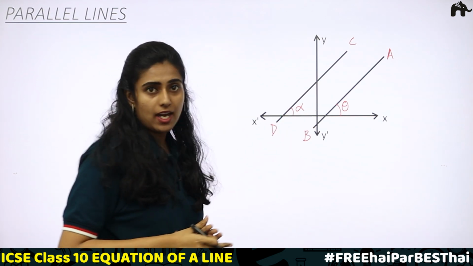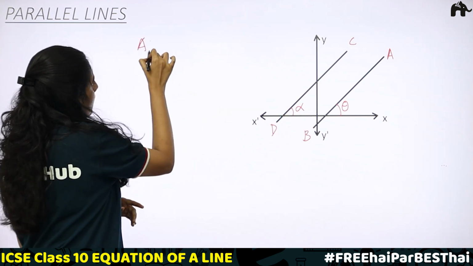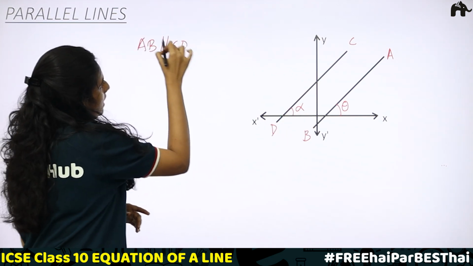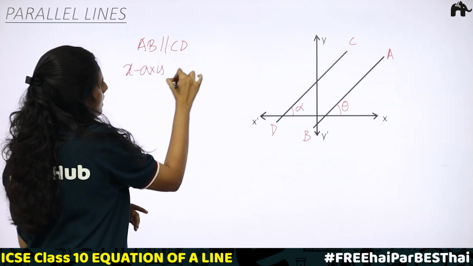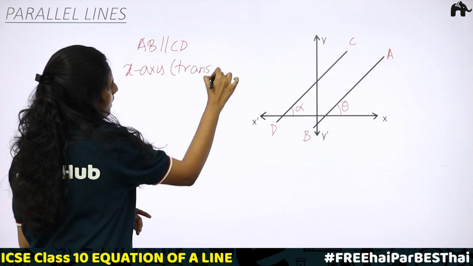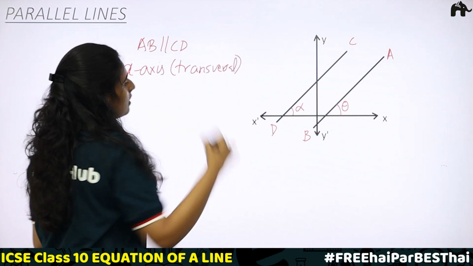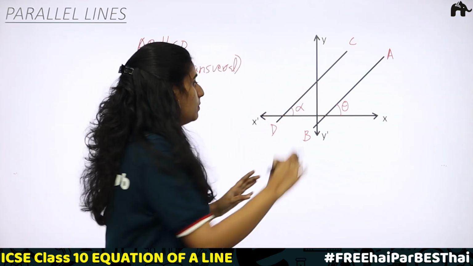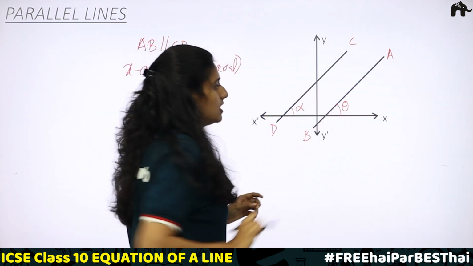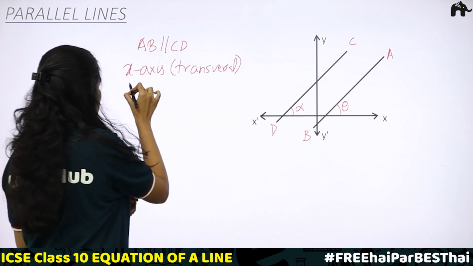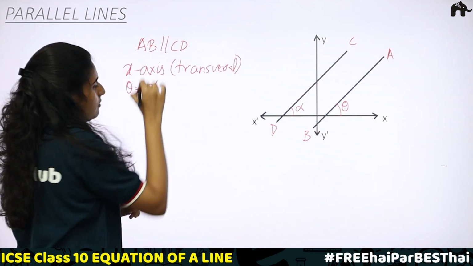And these lines are parallel lines. AB is a line parallel to CD. And x-axis in this case is the transversal. So, when a transversal cuts parallel lines, we will be having the corresponding angles equal. Here, alpha and theta are the corresponding angles, which means we can say that theta is equal to alpha.